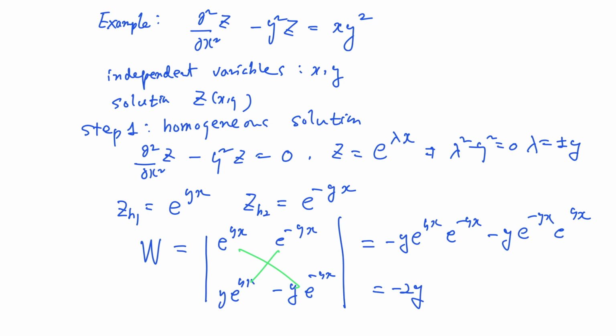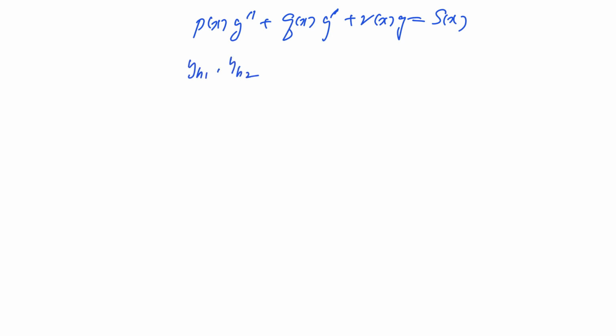Let's go back to some q(x). We start with yh1, yh2, and yp equals u1 yh1 plus u2 yh2, right?